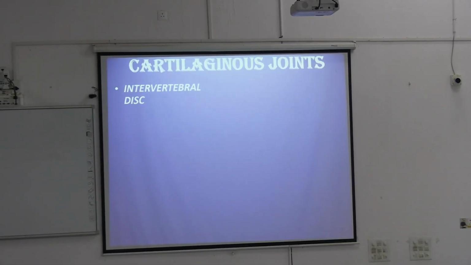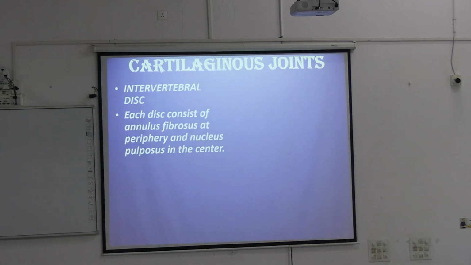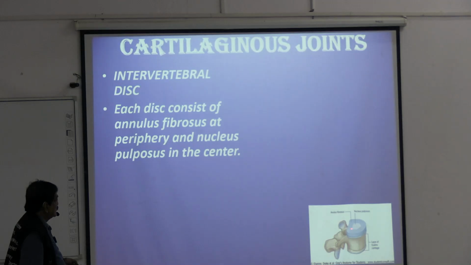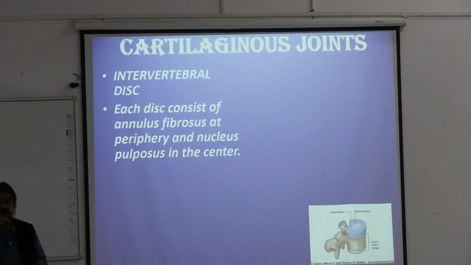Intervertebral disc, cartilage joint. Each disc consists of annulus fibrosus at the periphery and nucleus pulposus in the center. Annulus means ring-like.